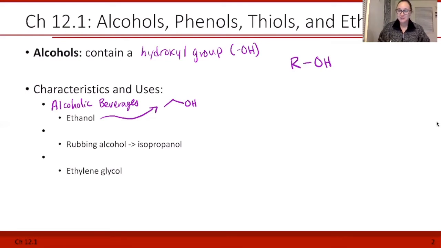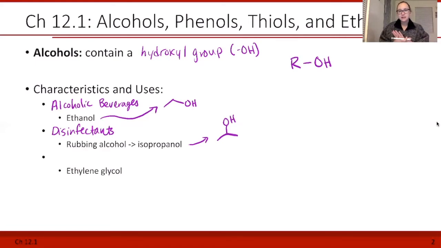Okay, and then another use of alcohols is as disinfectants. Ethanol is also a disinfectant, just so you know, but rubbing alcohol, which is isopropanol, which looks like this, is a disinfectant.